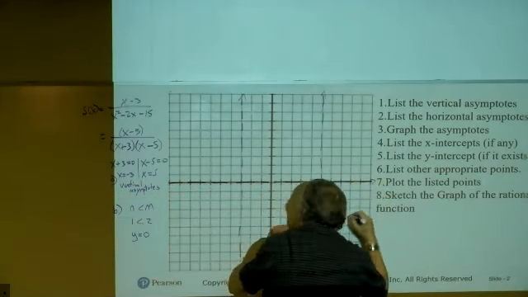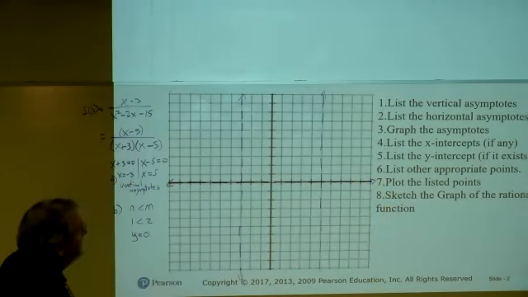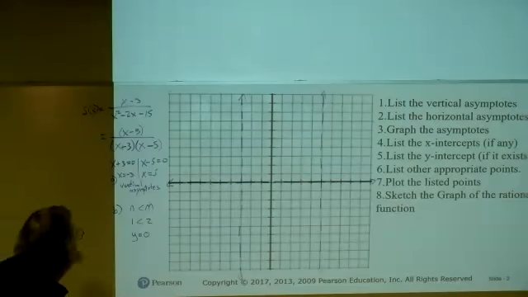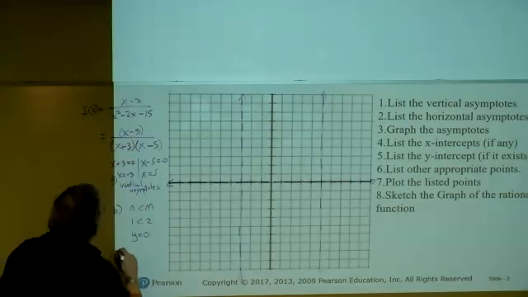So this is my horizontal asymptote. Now I look for my x-intercepts. I have exactly one x-intercept. The x-intercept happens when the numerator is 0.